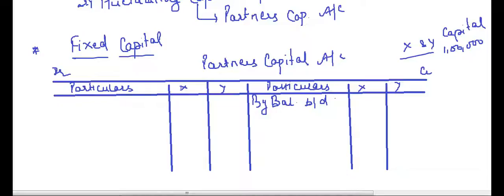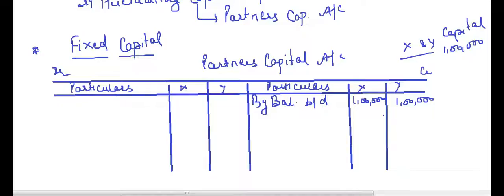Say X and Y have introduced 1 lakh as capital. So in the partner's capital account, I'll say by balance brought down 1 lakh and 1 lakh. This means X and Y have introduced 1 lakh as capital. They have 1 lakh in their capital accounts. Now in the fixed capital, we say that this capital cannot change. Then where will the appropriations go?